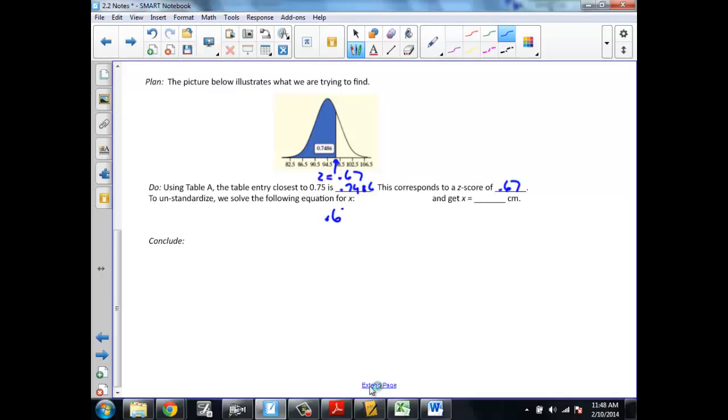Your z-score equals that x value we're solving for minus your mean divided by standard deviation. So to get rid of this denominator, instead of dividing, we multiply both sides by 4. Good. Add your 94.5 over.